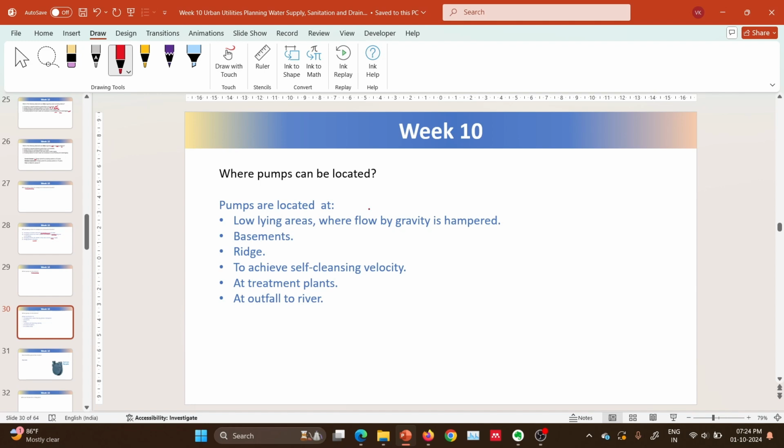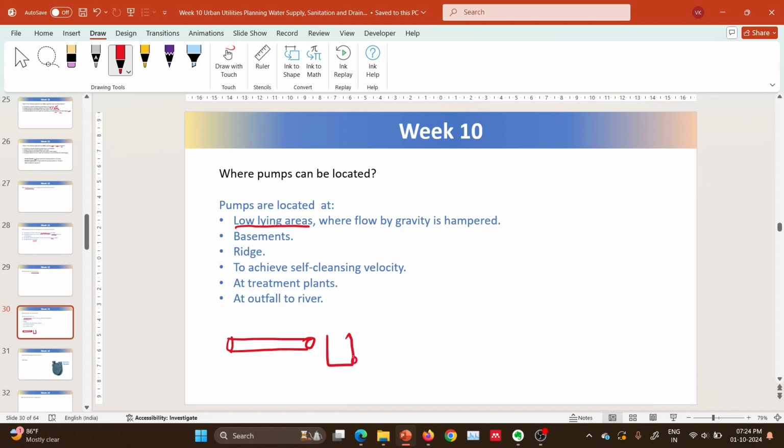So pumps can be located at low-lying areas where gravity flow is hampered. Suppose your sewer line is coming like this, and you have one area like this.